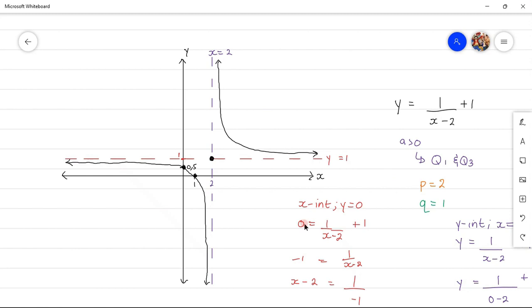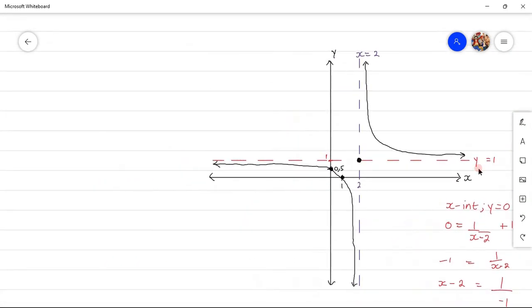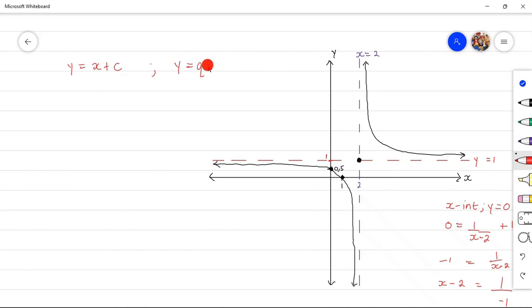Now let's put in our positive and negative axis of symmetry lines. So let's use the space on the left to find our axis of symmetry lines. We know that the first one is our positive axis of symmetry line, which is y equals x plus c. We know that our y value is our q value, which is equal to 1, and our x value is our p value, which is equal to 2.